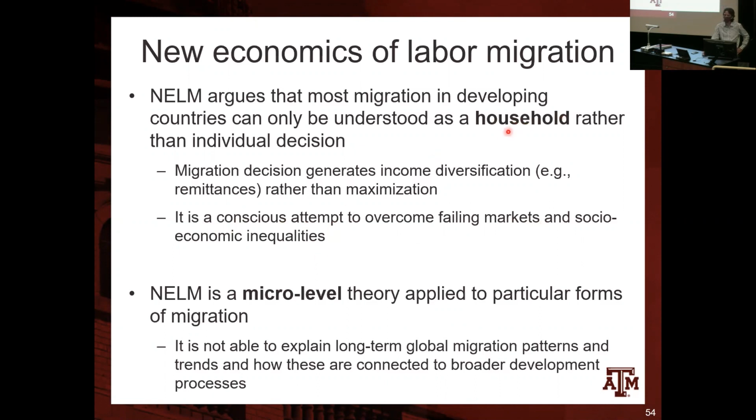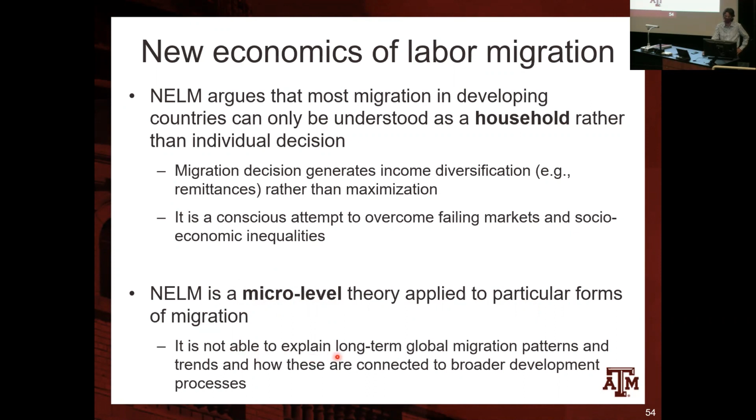Even being a theory that emphasizes decisions at the household level, the new economics of labor migration is still considered to be an analysis that emphasizes the micro-level reasons of people migrating. And it's a micro-level theory applied to particular forms of migration.